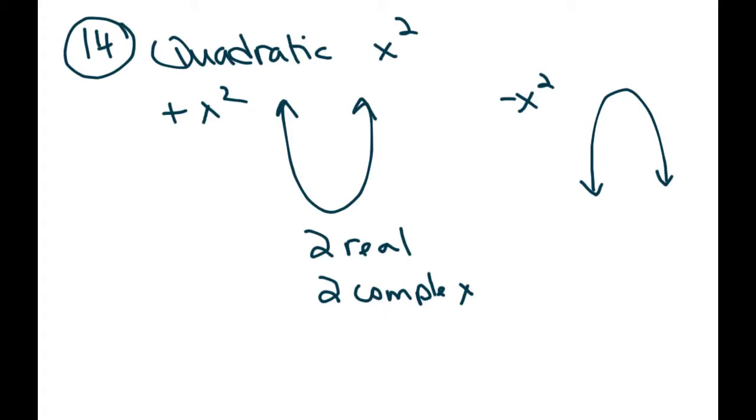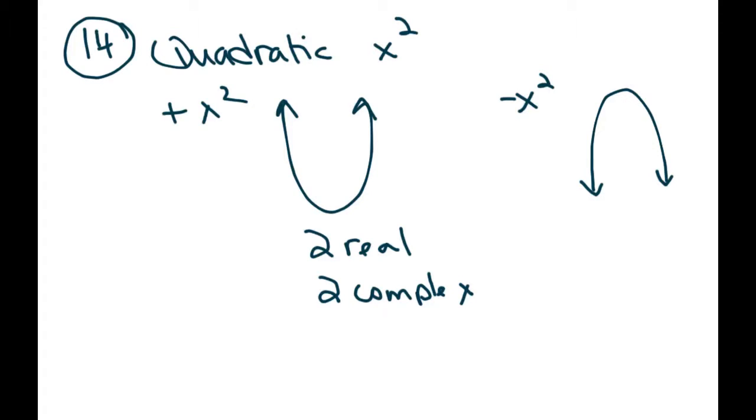There cannot be 1 real and 1 complex because I mentioned in class that complex solutions always come in pairs. Please remember that. You can have no complex solutions. You can have 2, 4, 6, 8, but you cannot have 1.